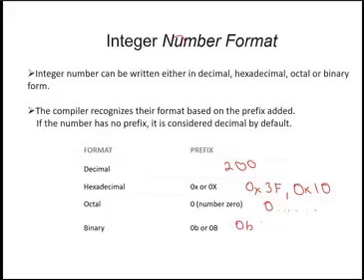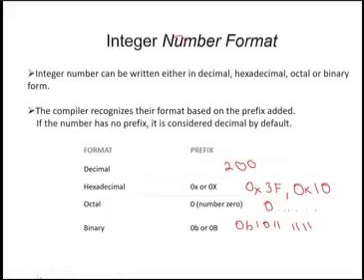But for hexadecimal, you need to put 0. This one is 0, not O. Then x, followed by the number, let's say 3F. This value is hexadecimal, or it can be 0xF10.